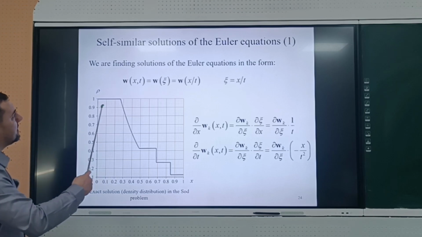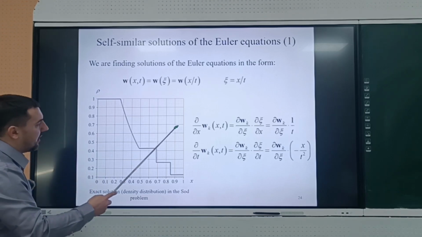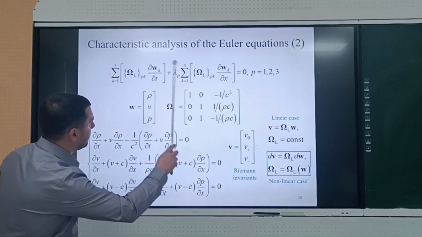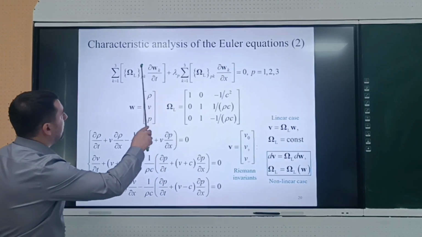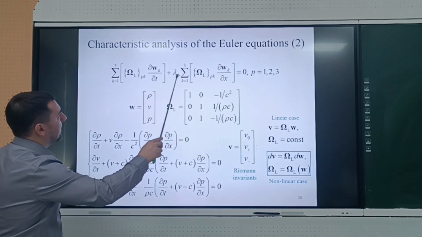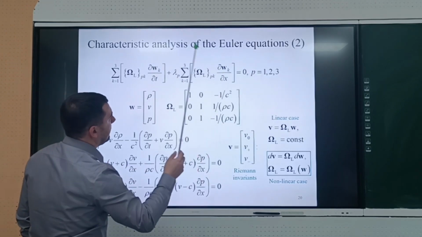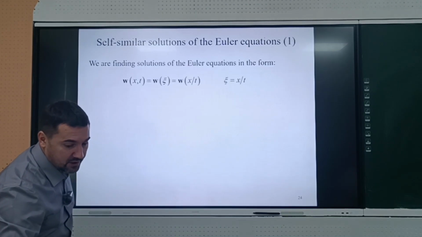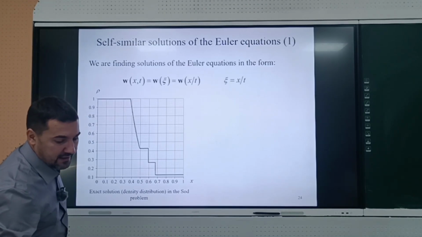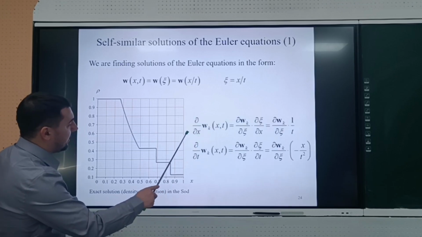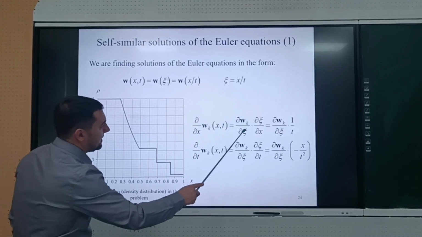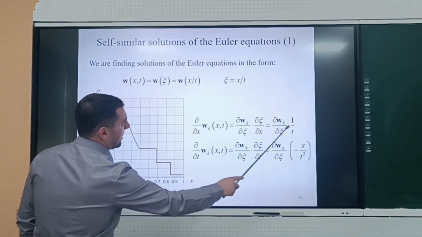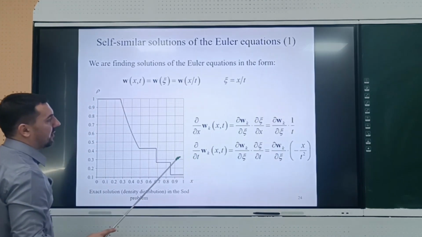If we want to build a self-similar solution, then we use these compatibility conditions. Here we have dwk over dt, and here dwk over dx. But if we say that our solution is self-similar, we can specify that dw over dx is not just dw over dx, it's dw over d psi times d psi over dx, right? And d psi over dx is just 1 over t, because x and t are independent variables.